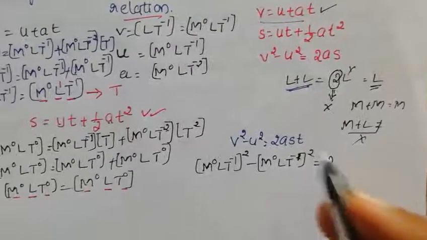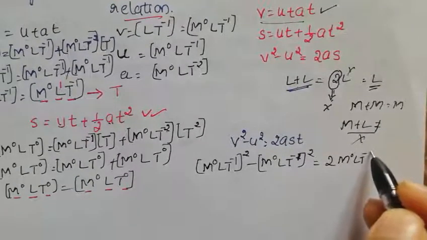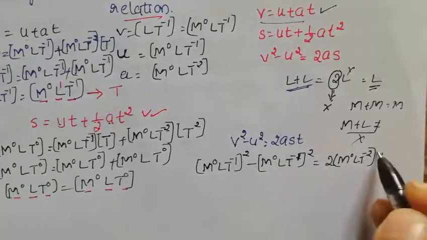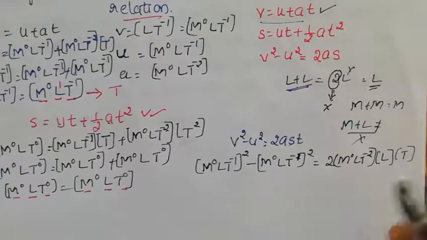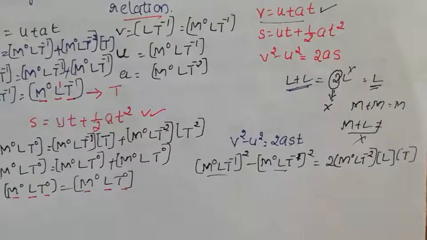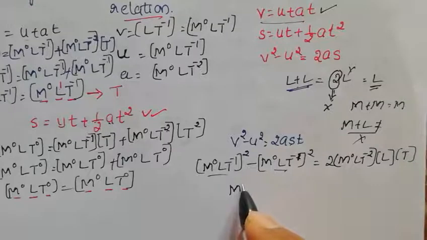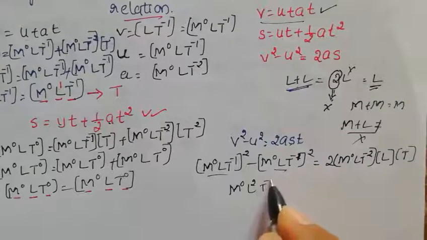Acceleration is M power 0, L, T to the power of minus 2. A is, okay, next is L, for S, T is time. Now left hand side look at same physical quantity, we can subtract, means it will be same thing, not 0 now. M to the power of 0 and square is there, it will become L square, T to the power of minus 2.